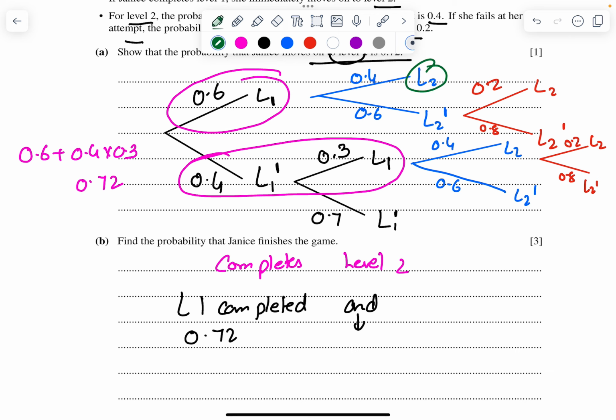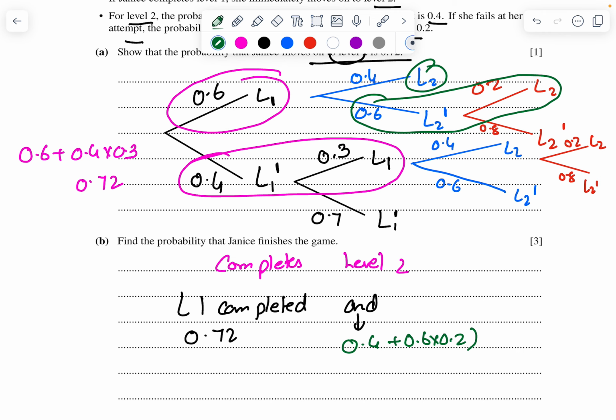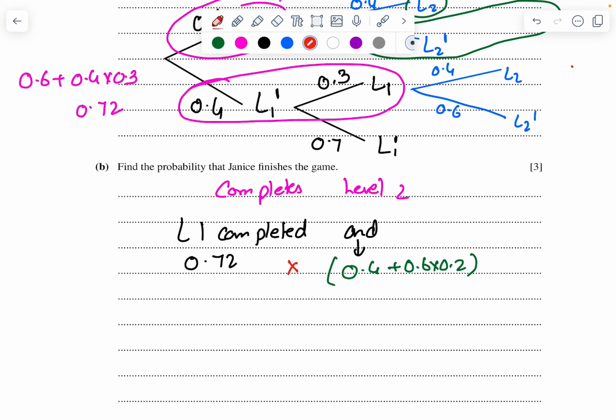Level 2 completion is 0.4 or 0.6 times 0.2. So it is 0.4 plus 0.6 times 0.2. In this way she will be completing level 2. When I simplify this, 0.3744 is the final answer.